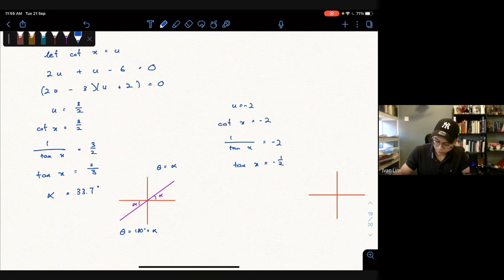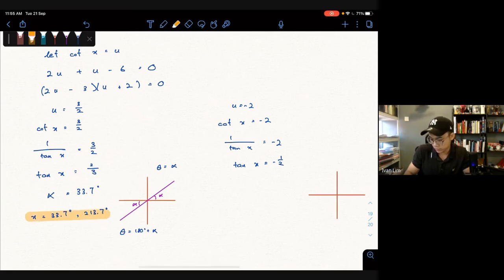Therefore, x is 33.7 degrees, and 180 plus 33.7 will be 213.7 degrees. So you got two answers here.